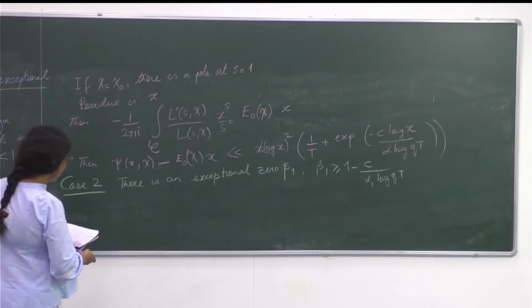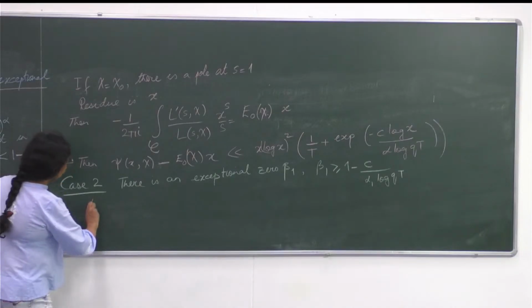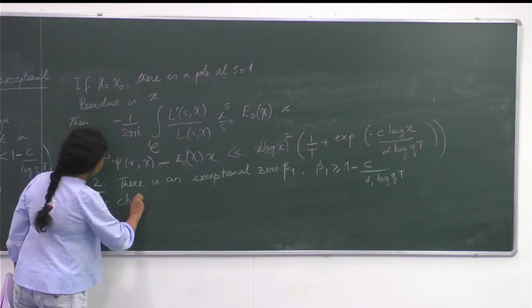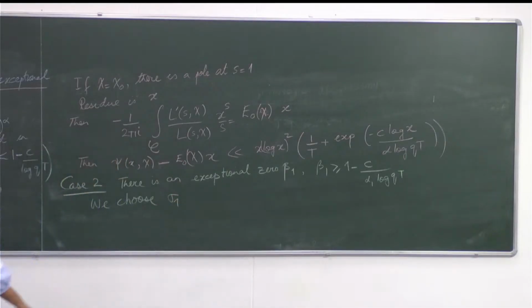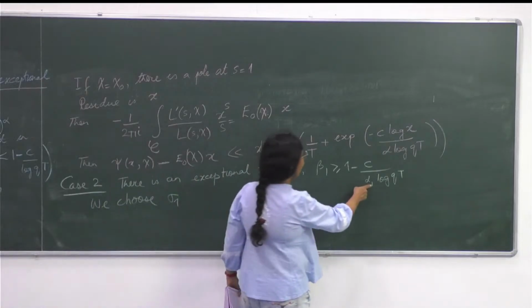So I will choose sigma 1. This time, how would you like to choose sigma 1? In the first case, I had chosen sigma 1 as 1 minus c log qt by alpha. Now I should take something smaller than alpha, even smaller than this alpha 1.